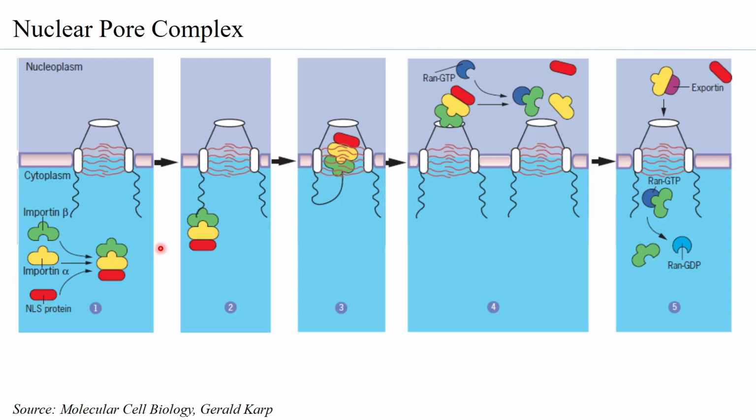Mainly they are basic amino acids, but not necessarily so, yet there are higher percentages of basic amino acids in this stretch. And this stretch of amino acids is what is called the nuclear localizing signal, that is NLS.